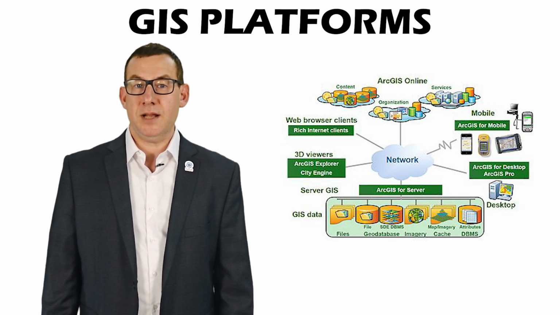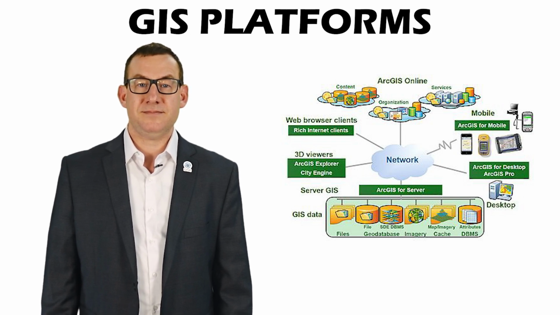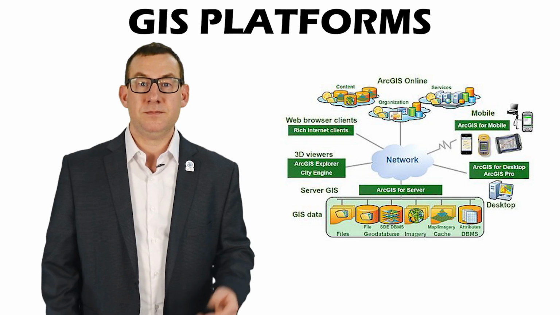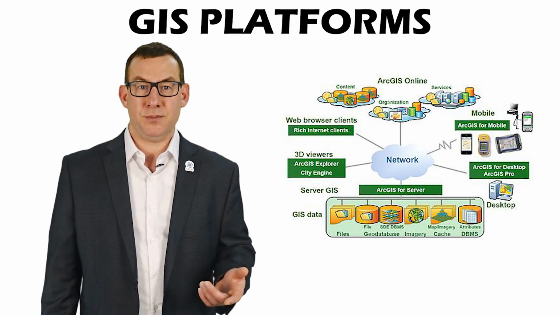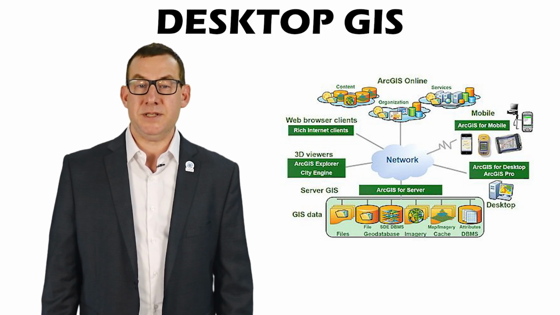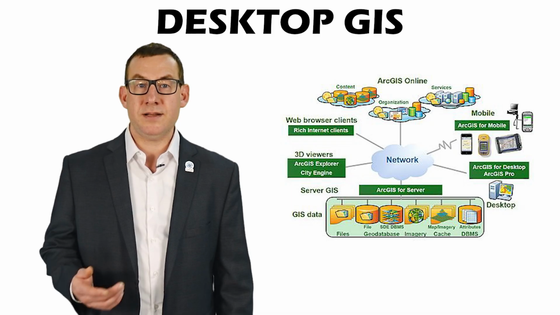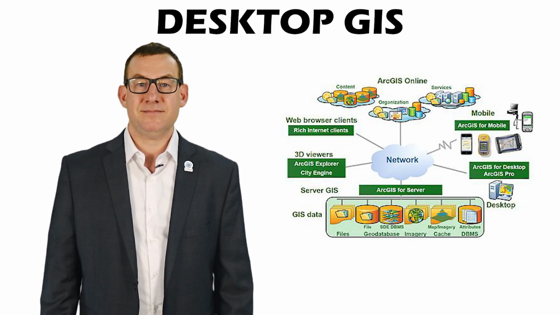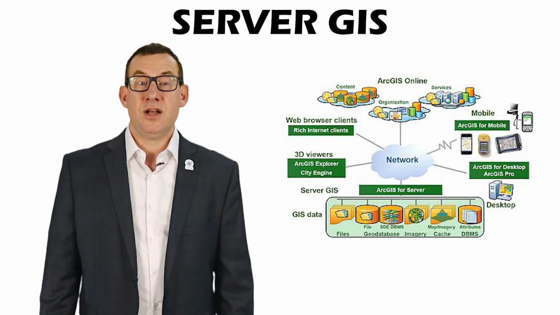There are a few different types of GIS platforms. Types of GIS platforms include desktop, server, hosted, and enterprise. Desktop GIS. Desktop GIS supports local editing, map creation, and analysis. Server GIS.